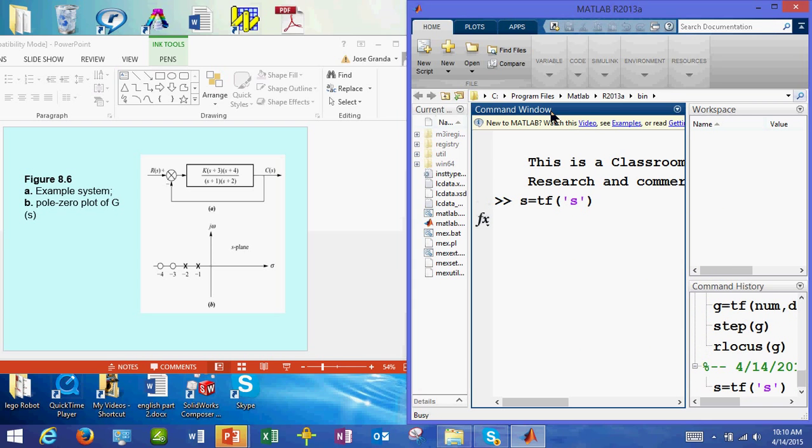What you have done is actually define S as a Laplace operator. In fact, transfer function of S, because any factor that you multiply by it would now produce a transfer function type expression.